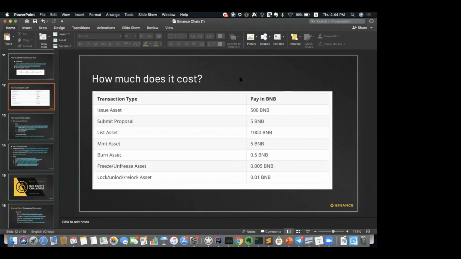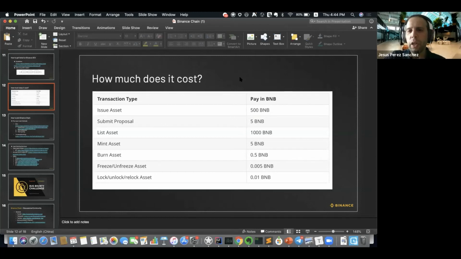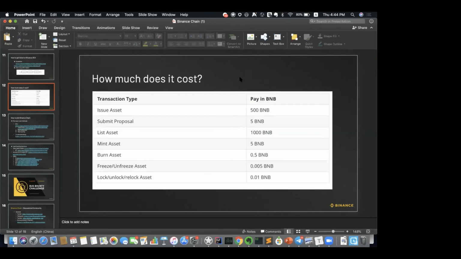Okay, I have another question about the Binance DEX. Are you going to create some kind of DeFi application on top of Binance? Or does it depend on the community? What is the strategy of the chain right now, because you are going to have a chain in order to build on top of it?